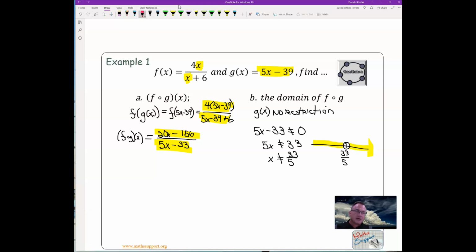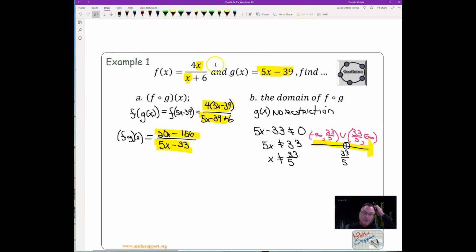I would describe that as negative infinity up to but not including 33/5, or 33/5 and bigger. And there's the domain for my composite function. This problem really didn't have anything new in it because the inner function didn't have any restrictions.